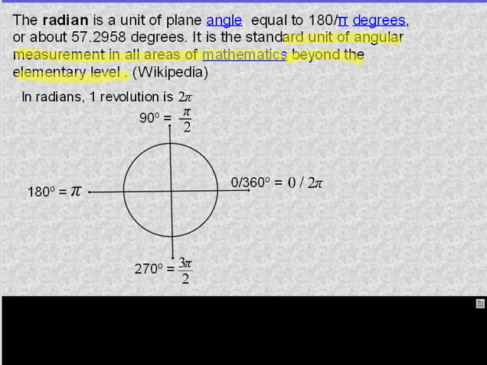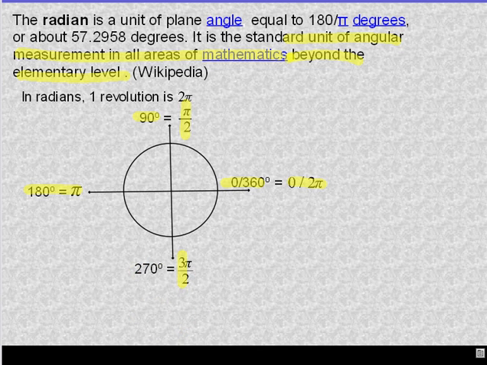We've got 0 degrees, which is 0 radians. 360 degrees is 2 pi radians. 90 degrees is pi over 2. 180 degrees is pi. And 270 degrees is 3 pi over 2. I didn't put it here, but every 90 degrees is pi over 2 radians.